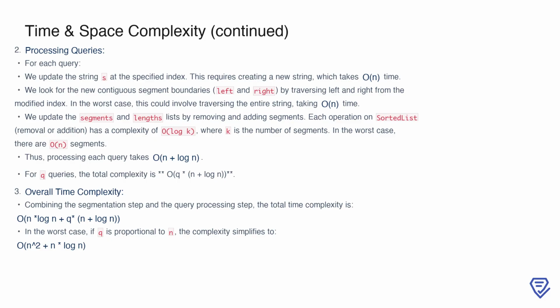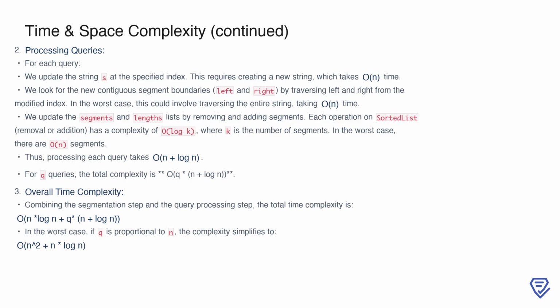Next, we evaluate the time complexity for processing the queries. For each query, the solution modifies the string S at a specific index, which requires creating a new string. This operation takes O(n) time. After modifying the string, we determine the boundaries of the new contiguous segment by traversing left and right from the modified index.